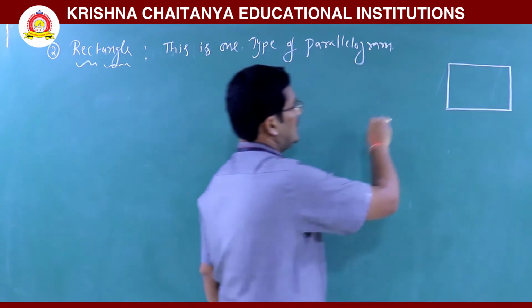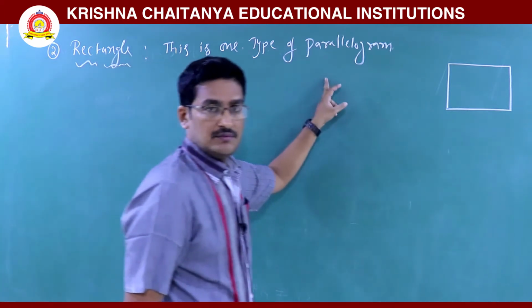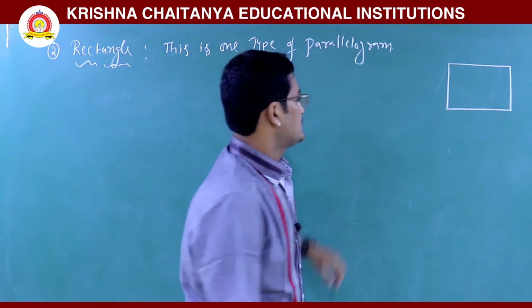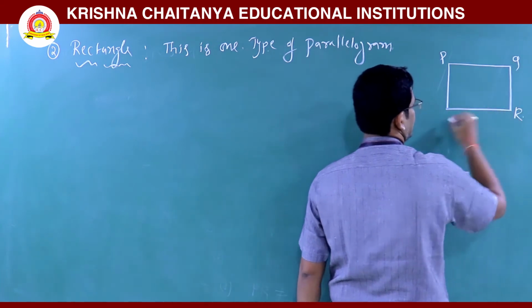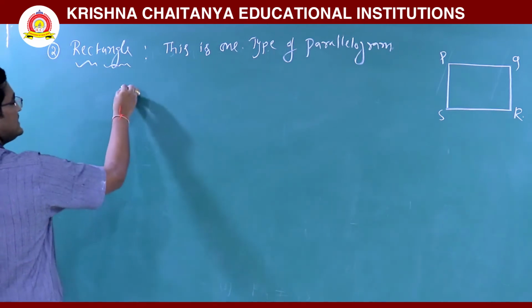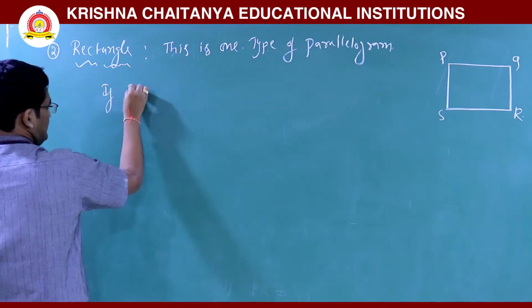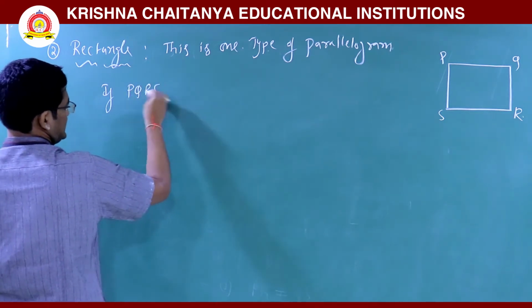So, where we have to say that parallelogram is said to be rectangle. Now, let me explain. I am taking this one as PQRS. If PQRS is a rectangle, PQRS, this is a quadrilateral.